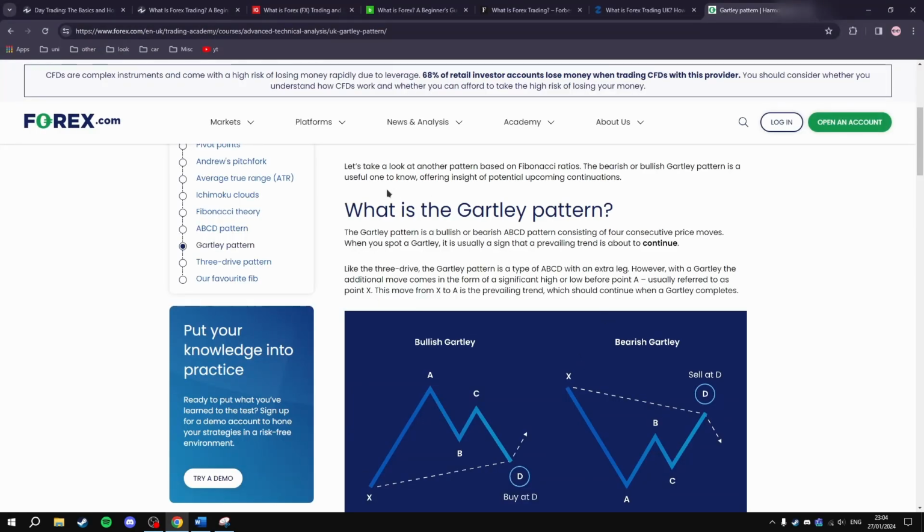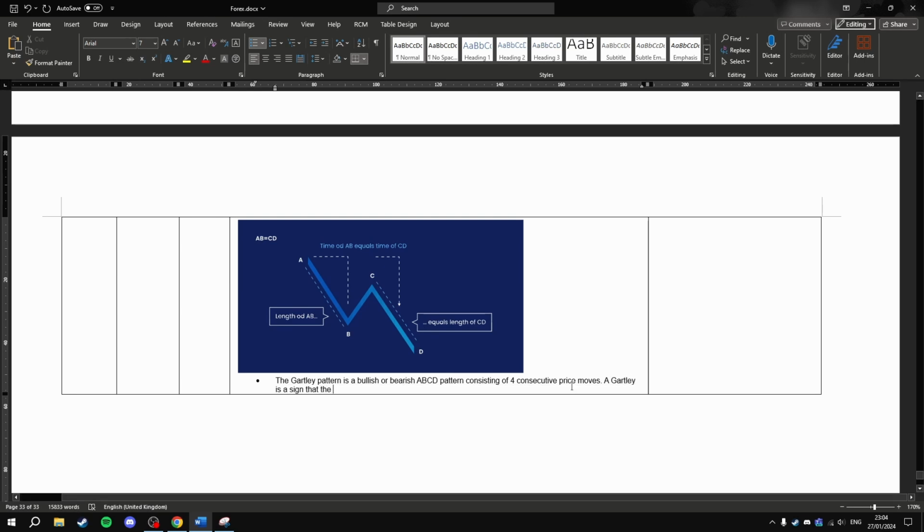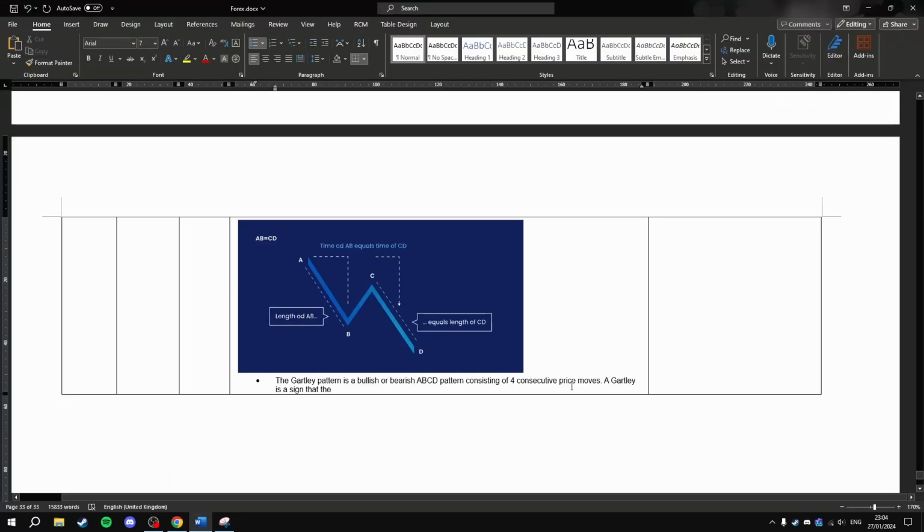When you spot a Gartley, it is usually a sign that a prevailing trend is about to continue.